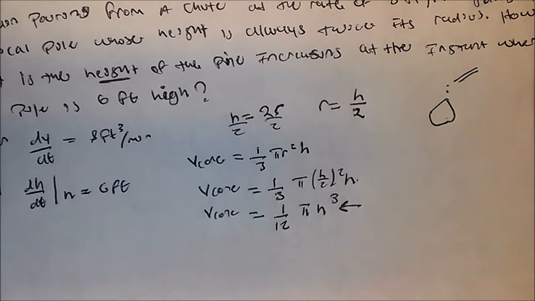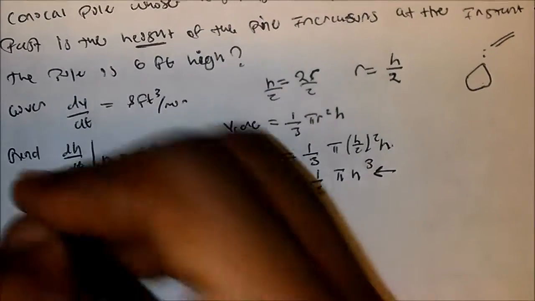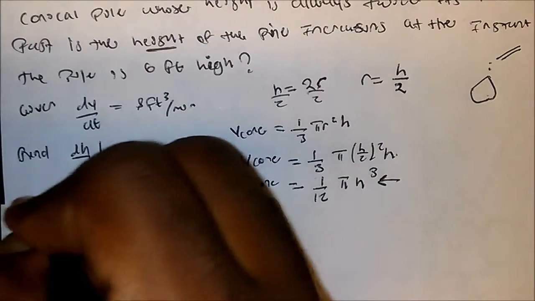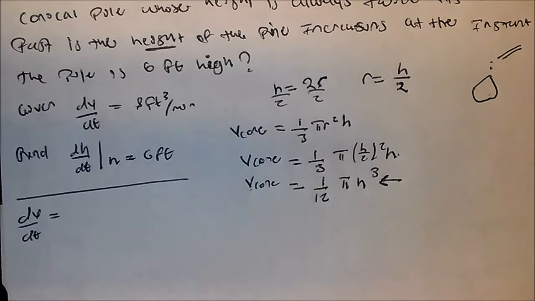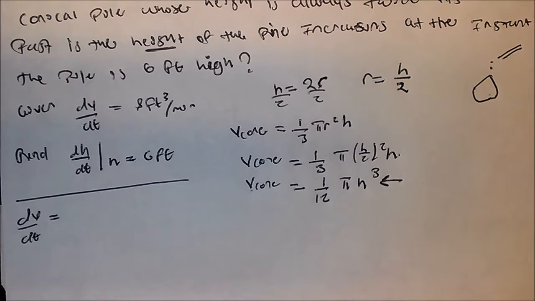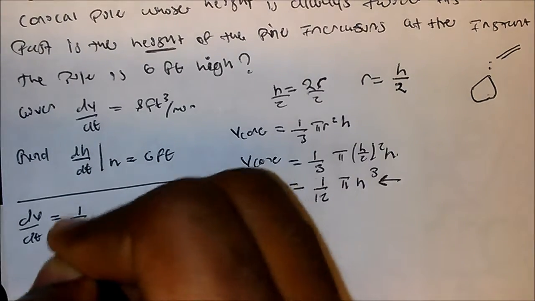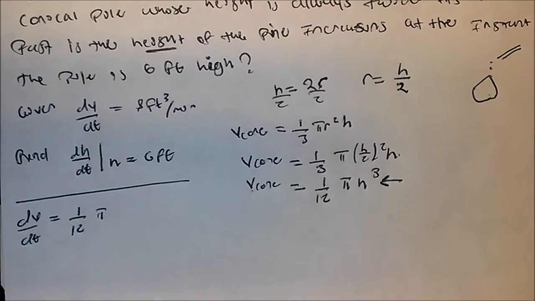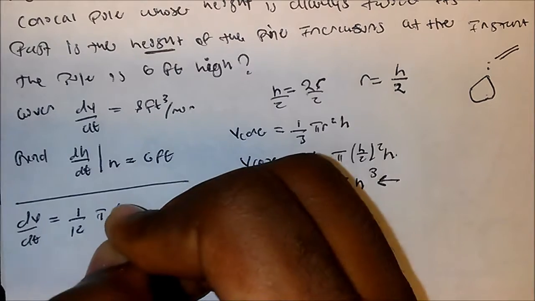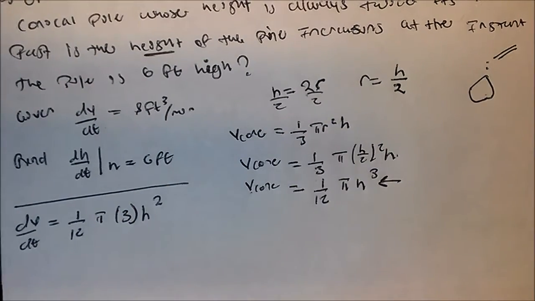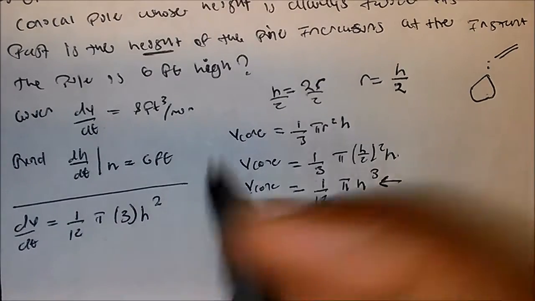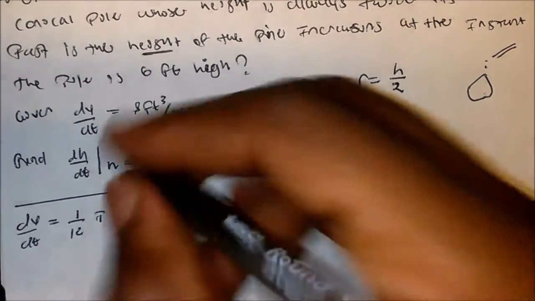Starting from here, dV/dt, take the derivative of V, and that equals 1/12 pi, and I'm going to put my 3 here because I'm taking down my 3, h squared. All I did was bring down my 3 and take my derivative. Now this 3 and this 12 will cancel to give me 4.